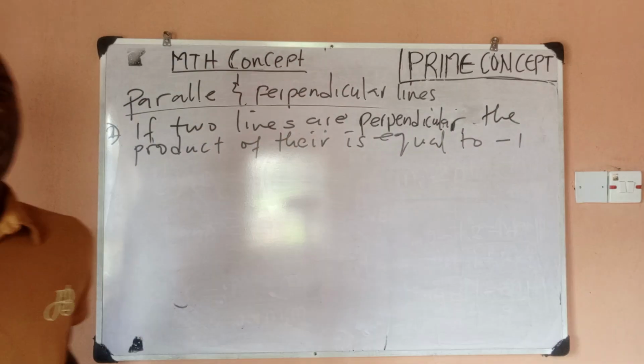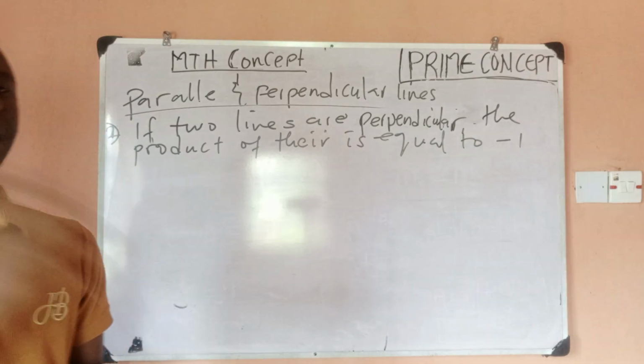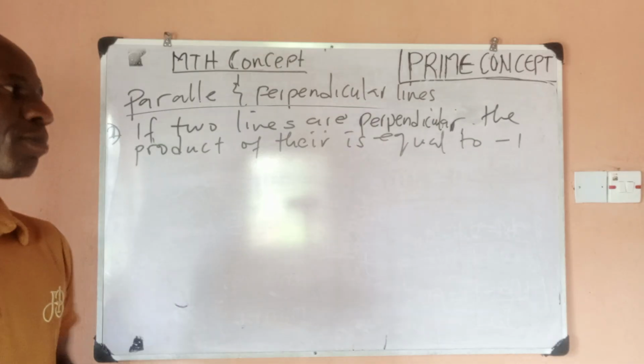If two lines are perpendicular to each other, when you multiply their slopes, it will give you -1, right? So how do we prove this?